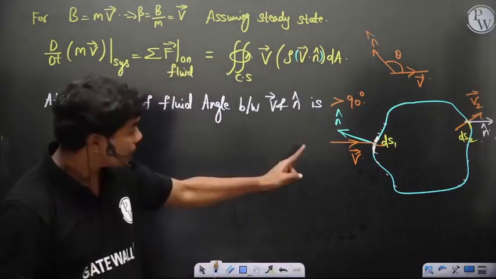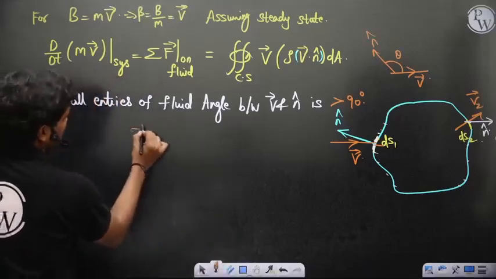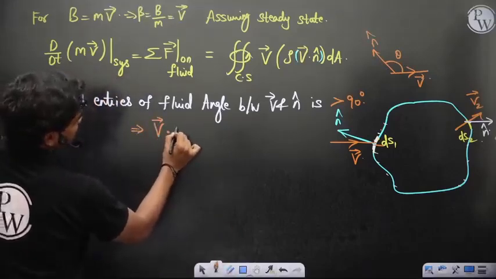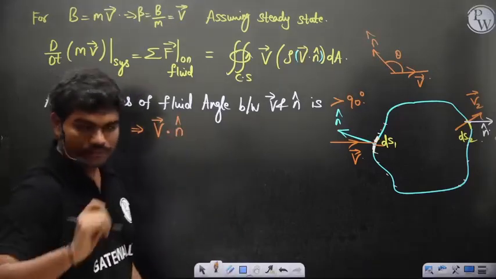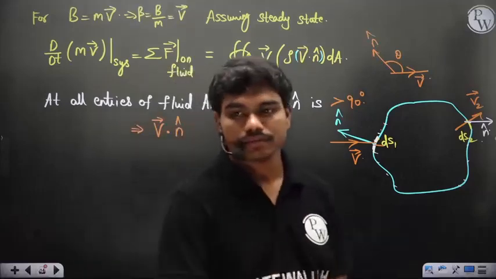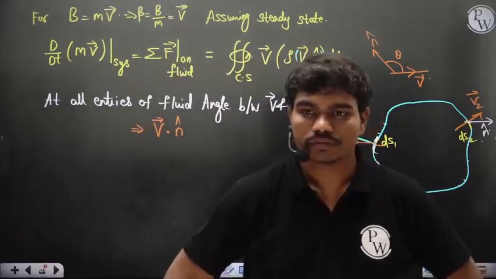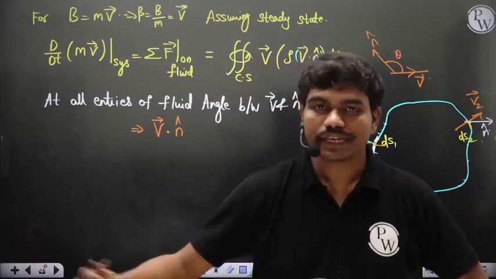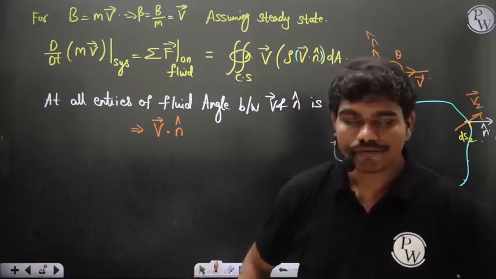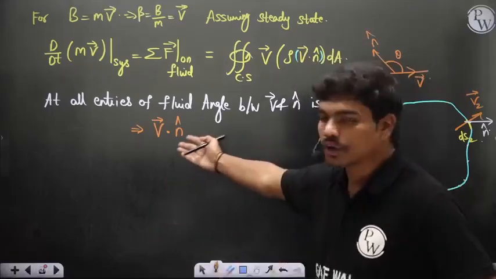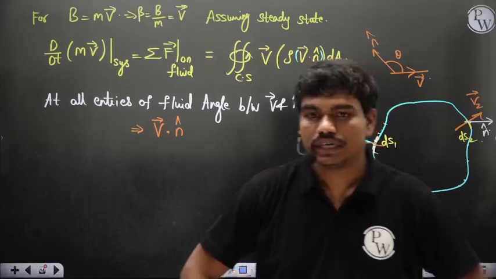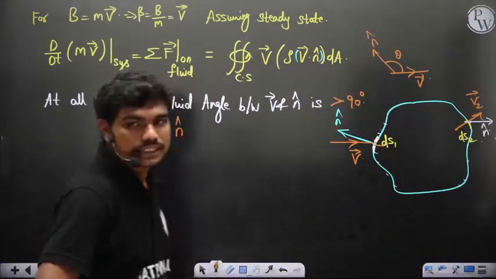So if this is greater than 90, V dot n ये क्या होगा, पॉजिटिव या नेगेटिव? बताओ जल्दी. Yeah, we measure from the tail of the vector obviously. So if angle is greater than 90, ये dot product नेगेटिव होगा या पॉजिटिव होगा? नेगेटिव, correct? So this is negative.